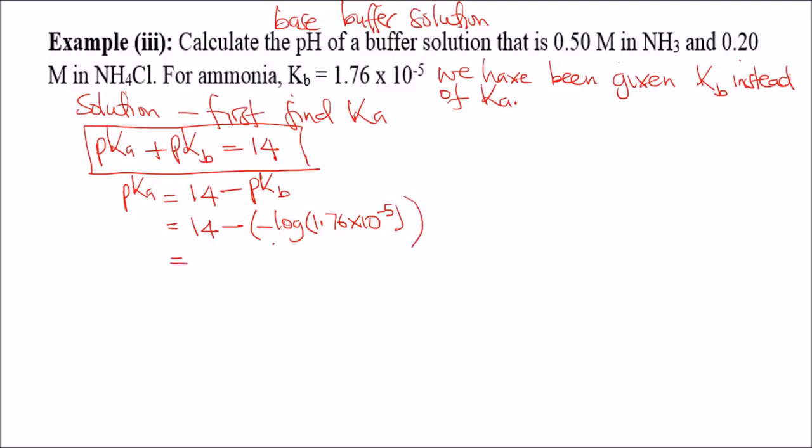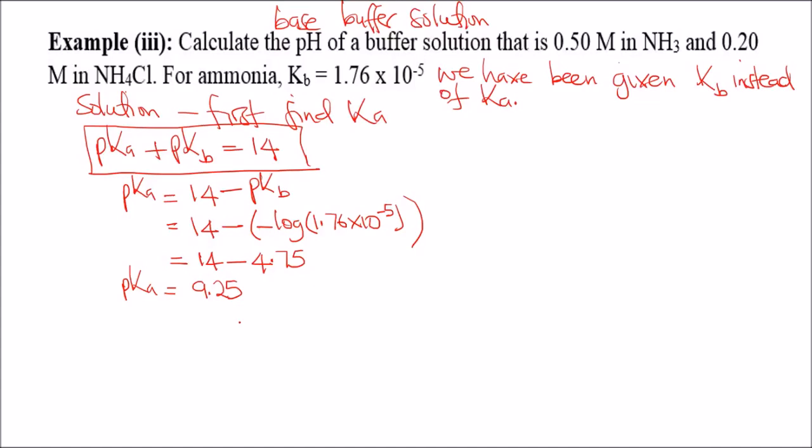So it gives us 14 minus 4.75. So our pKa is equal to 9.25.